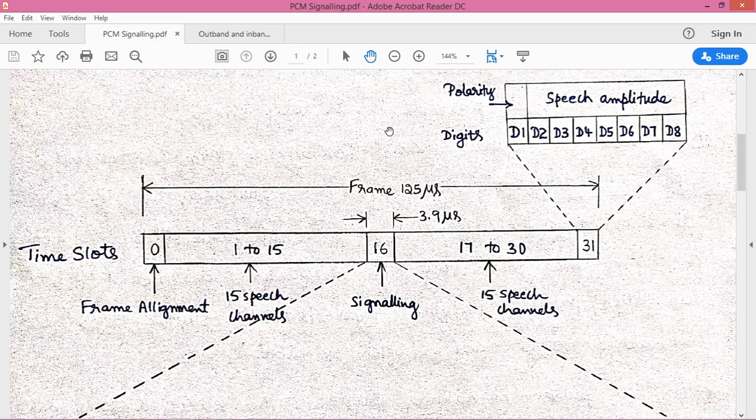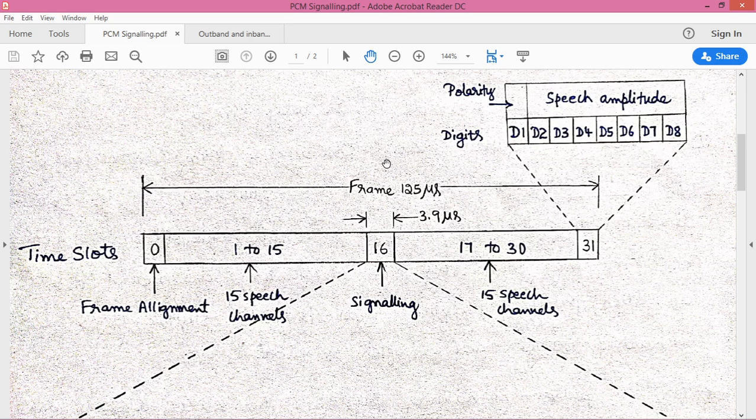So if I say the speech signal is going from 0 to 4 kilohertz, then the maximum frequency content of that speech signal is 4 kilohertz. Then the minimum sampling frequency, the Nyquist sampling frequency that I have to select, is twice the maximum frequency content of my speech signal. So that is going to be 8 kilohertz. That's why we are using a sampling frequency of 8 kilohertz.